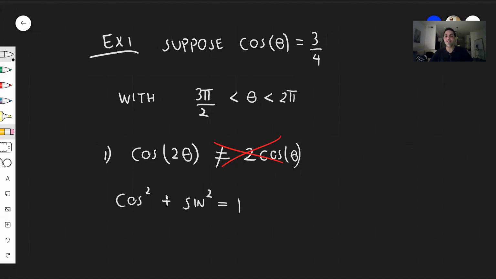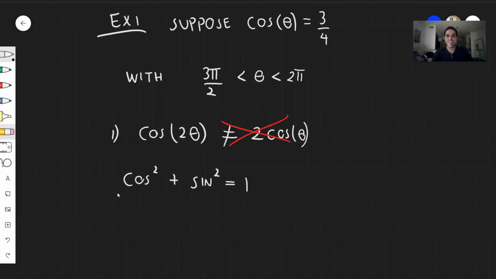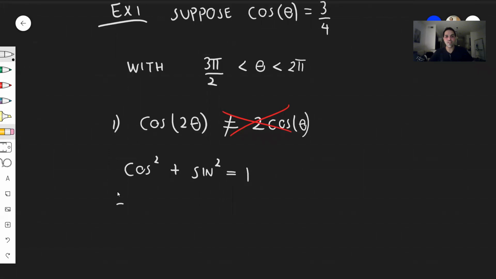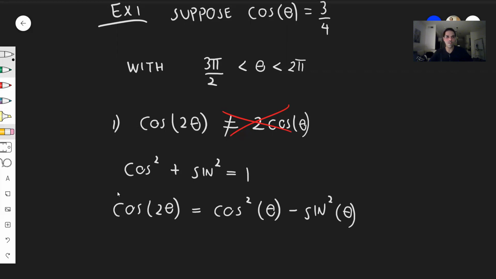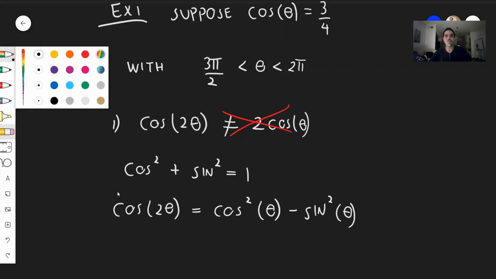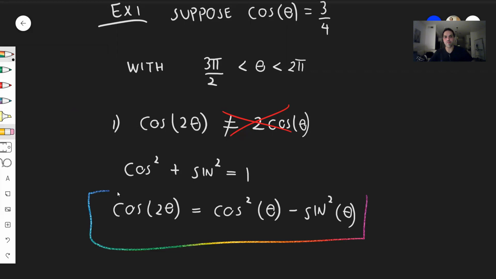Well, there better be a law for cosine squared minus sine squared. And indeed there is, namely cosine of 2 theta is cosine squared minus sine squared. So this is the first important formula you have to remember.